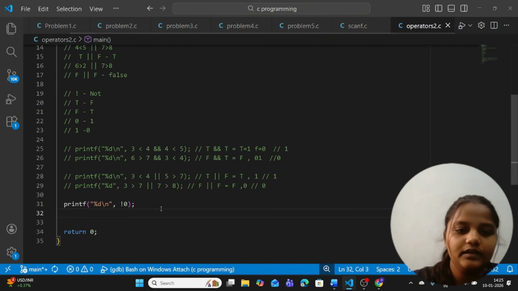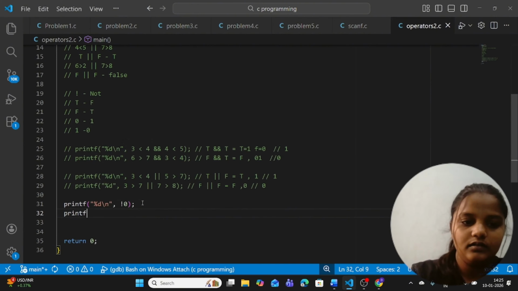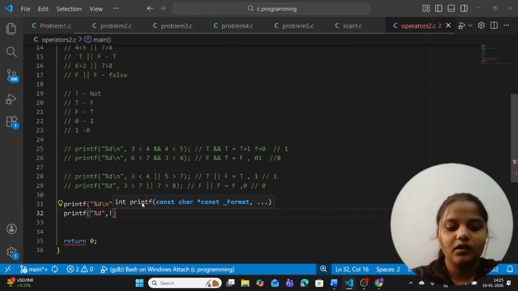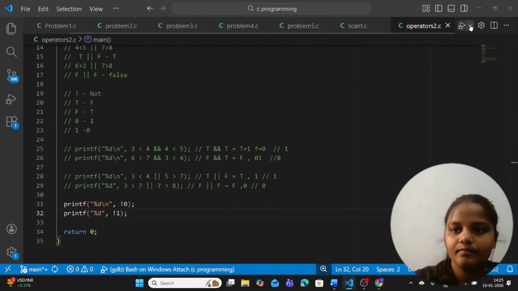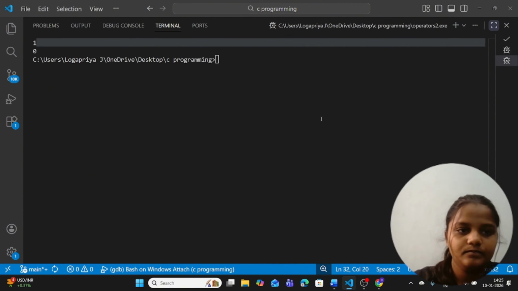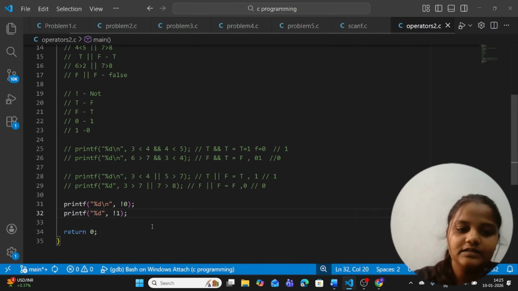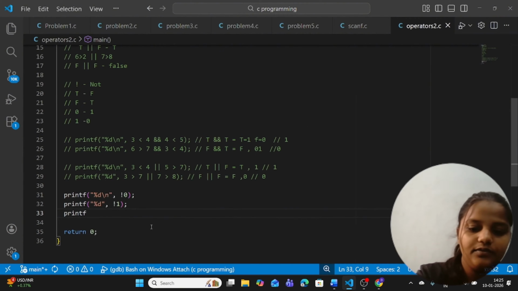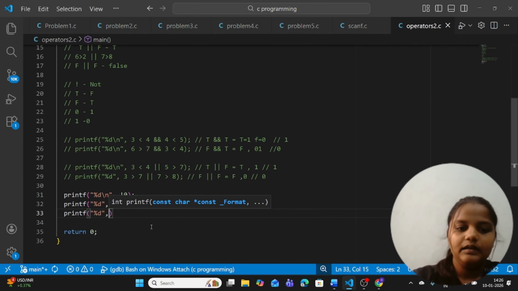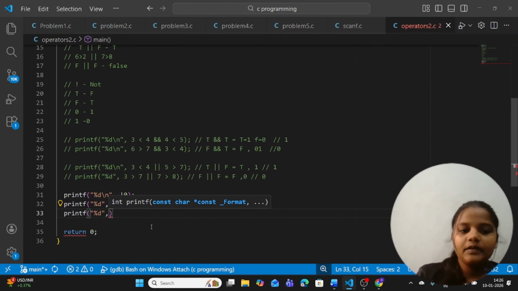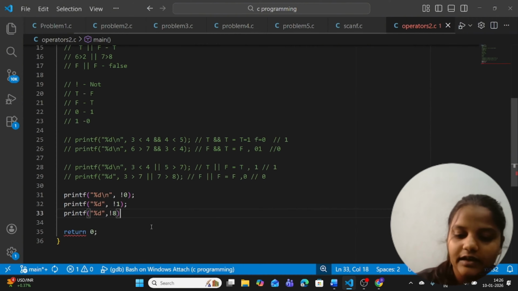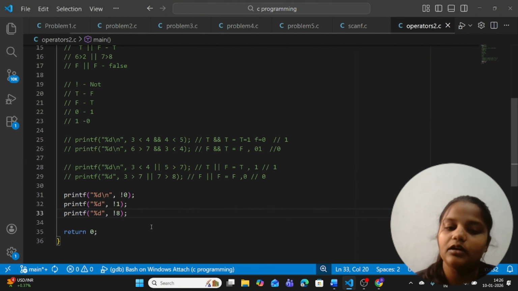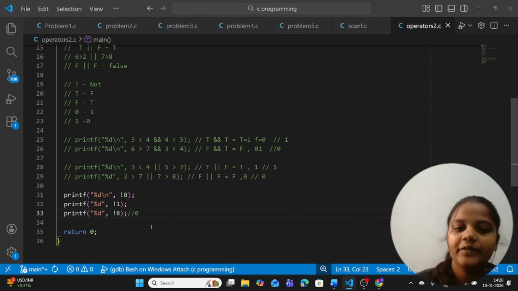Okay, then printf %d, NOT of 1, 0. Okay, see here, I'm again giving printf %d. Here, apart from 0, if you give any number with NOT, 8, 9, 10, any number with NOT, you will always get 0.